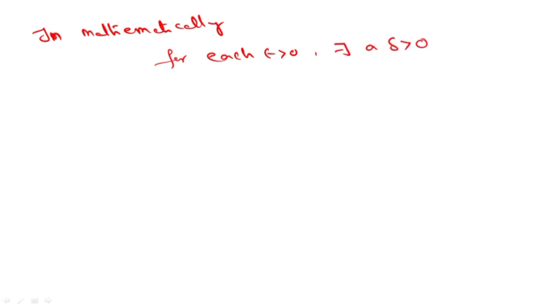Mathematically, how do we write it? For each epsilon greater than 0, there exists a delta greater than 0 such that mod f of x minus L is less than epsilon whenever mod x minus a is less than delta.